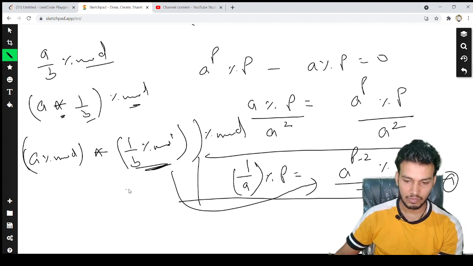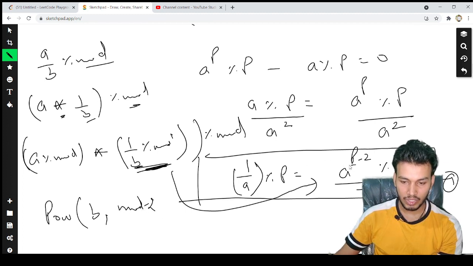For this part you need to use the power function. Inside the power function, we will pass b comma, and the power will be mod minus 2, because here this p will be mod, and p should be a prime number. So when I say 10 raised to power 9 plus 7, we make sure this number is prime.